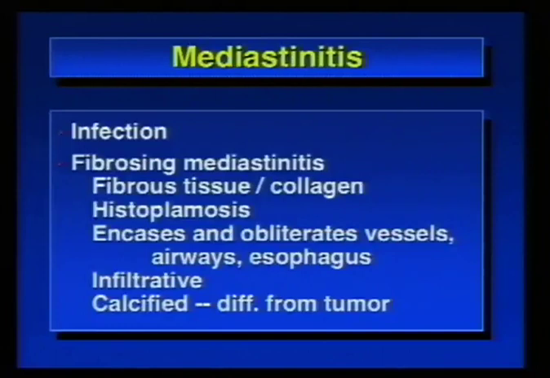As it becomes more severe, it first encases and then starts to obliterate, meaning it surrounds and compresses the mediastinal structures. It's highly infiltrative, and it frequently calcifies. It's sometimes hard to differentiate from tumor because it becomes invasive.